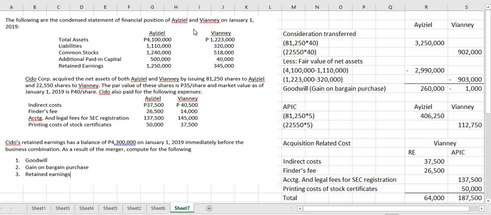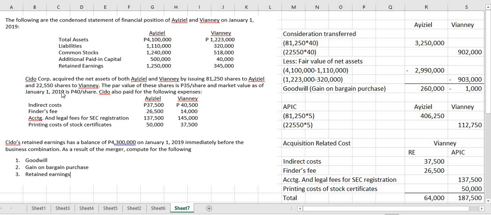So, pag may dalawang acquirees tayo, ang pag-compute ng goodwill at bargain is i-separate mo siya. Okay? I-separate mo. So, for example, ito, the following are the condensed statements of financial position of IZL and Vianney, January 1. So, you have here the total assets, liabilities, and then the equity of IZL and Vianney.